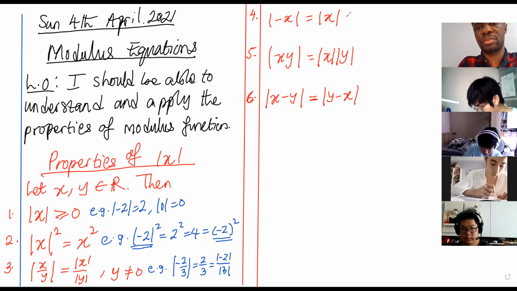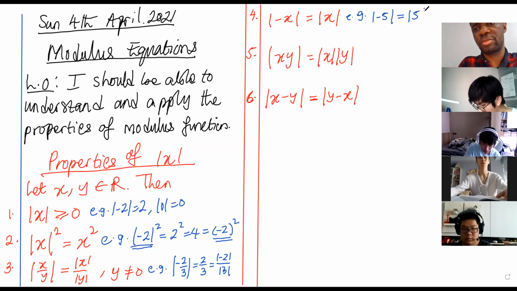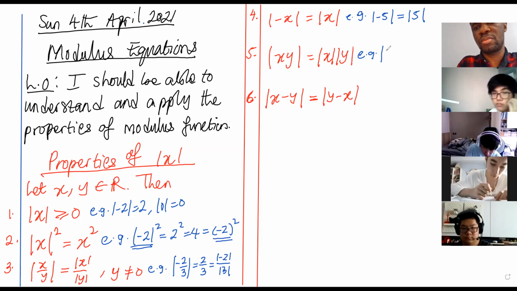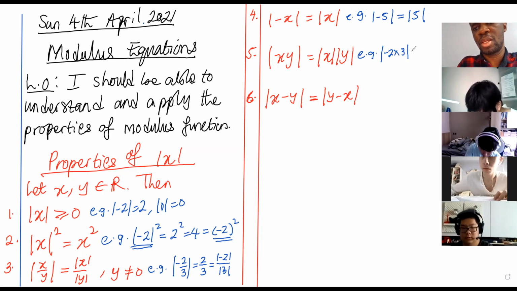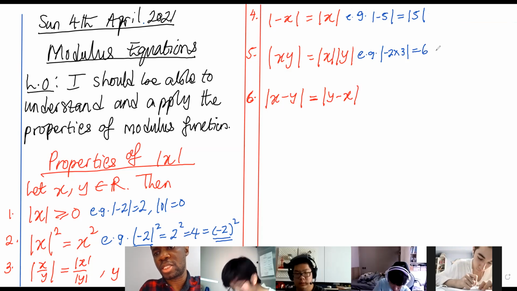So here, the absolute value of -5 is the same thing as the absolute value of 5. Here, the absolute value of -2 times 3 is going to be 6. You agree with me that that 6 is actually the product of the absolute value of -2 times the absolute value of 3.